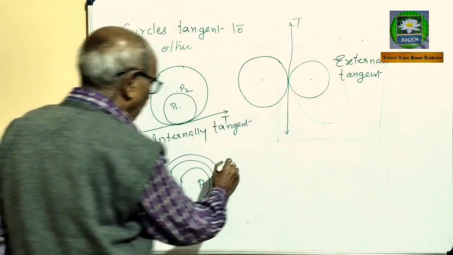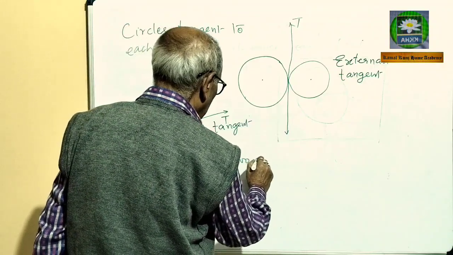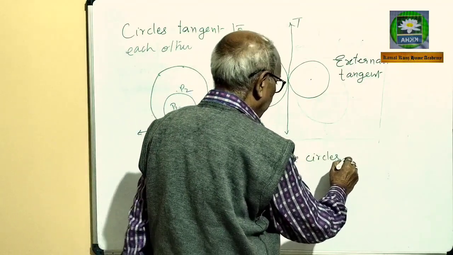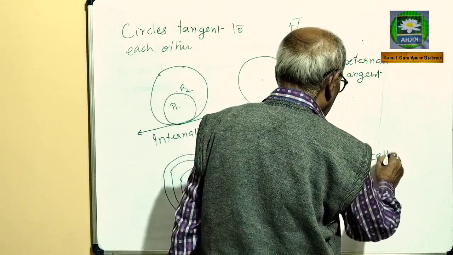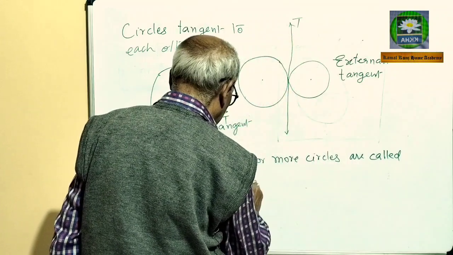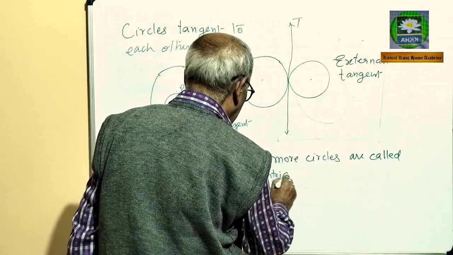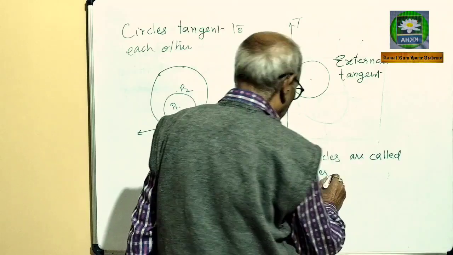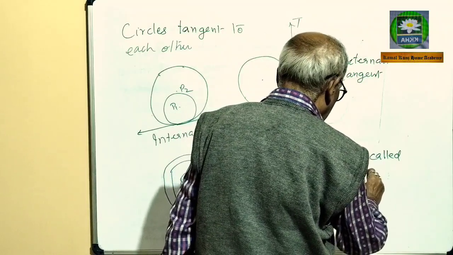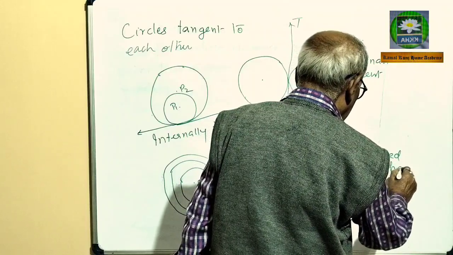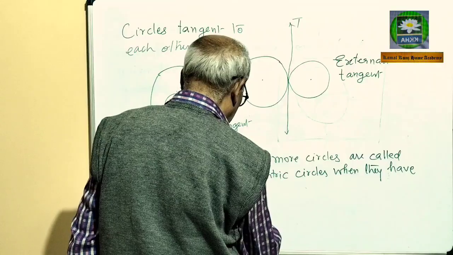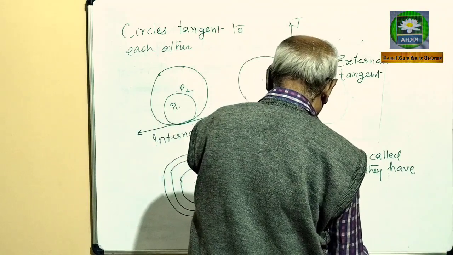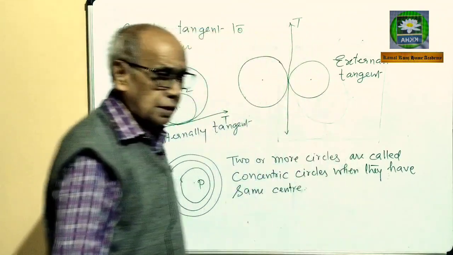Then such two or more circles are called concentric circles.